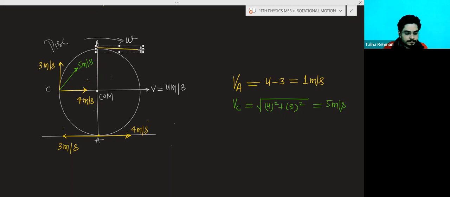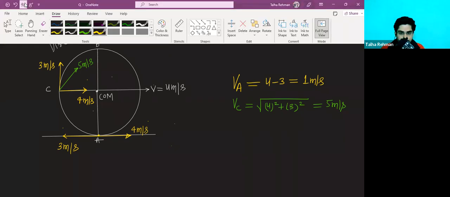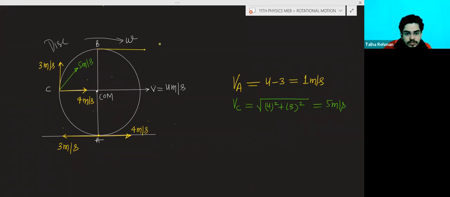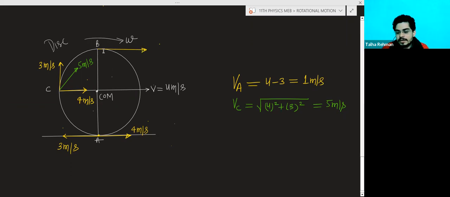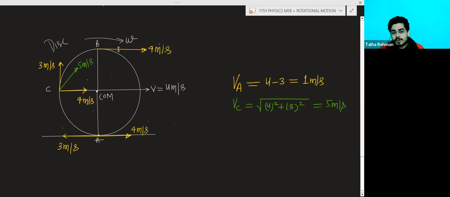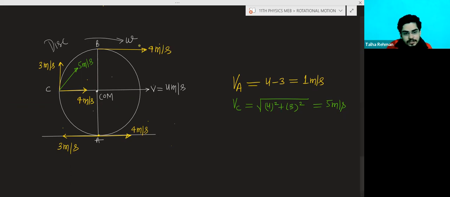This velocity will be imparted to point B. So it will be 4 meter per second. Now another velocity at this point will be 3 meter per second, and that is also in this tangential direction.